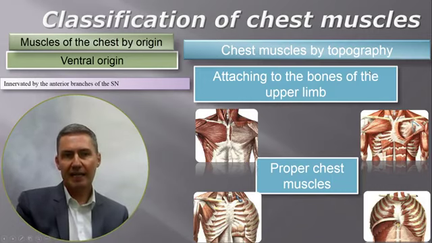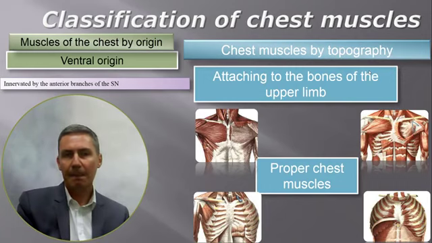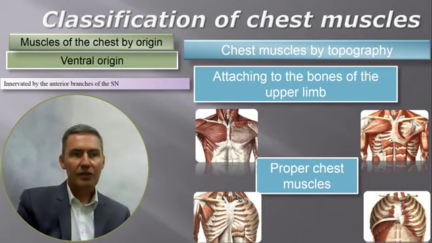Muscles of the chest are classified into the muscles of ventral origin, and some of the muscles are located on the back side. These muscles are usually described in the anatomy of the back. So now we're talking about the muscles of ventral origin.